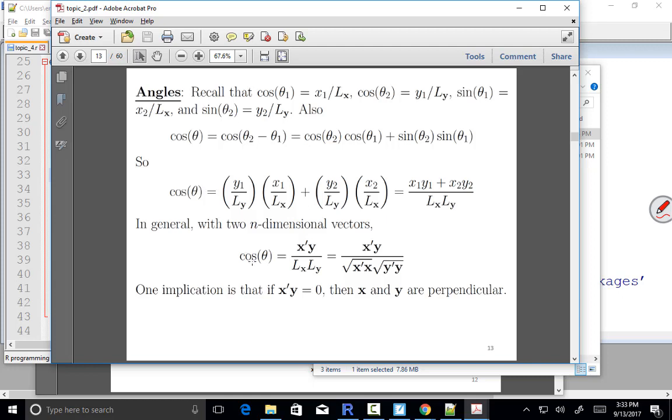The cosine of that angle is equal to x transpose y divided by the length of x times the length of y. So basically, the cosine of the angle is the cross product of x and y normalized to be of length 1.